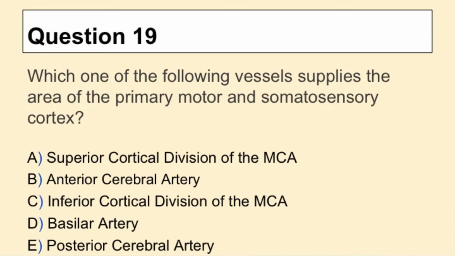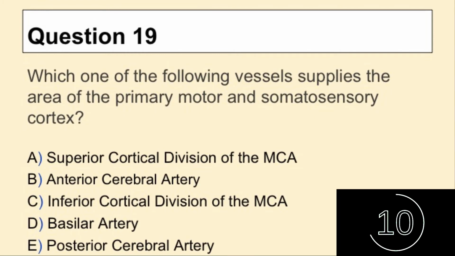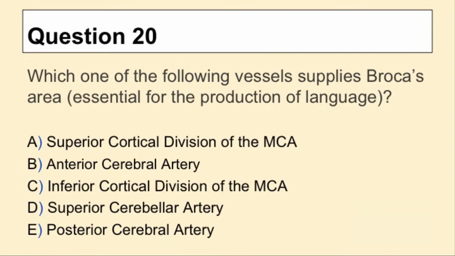Question 19. Which one of the following vessels supplies the area of the primary motor and somatosensory cortex? Question 20.